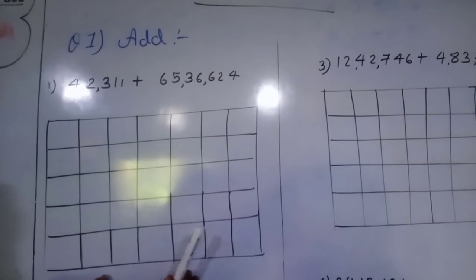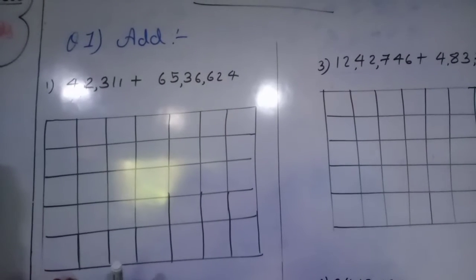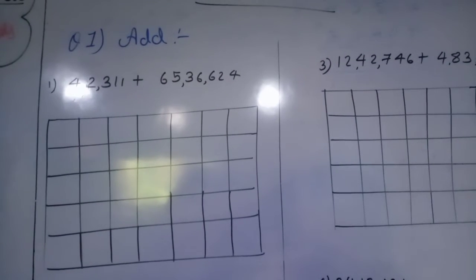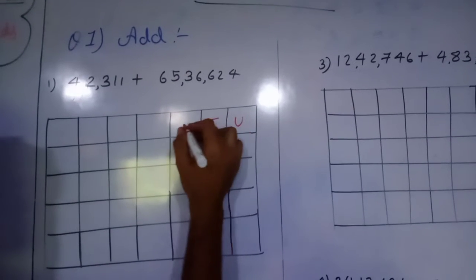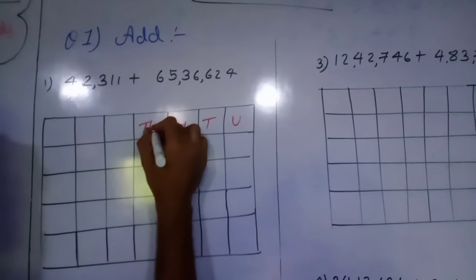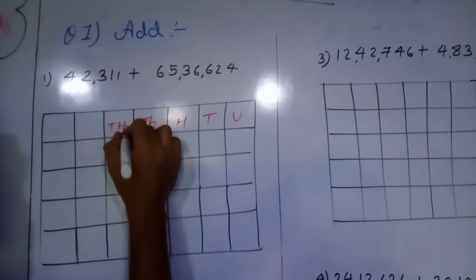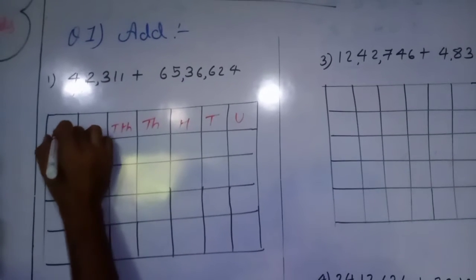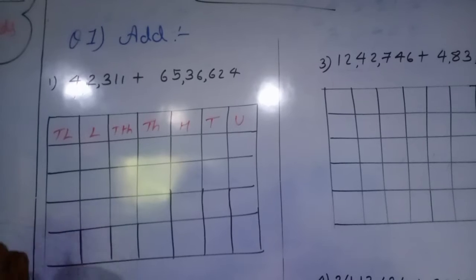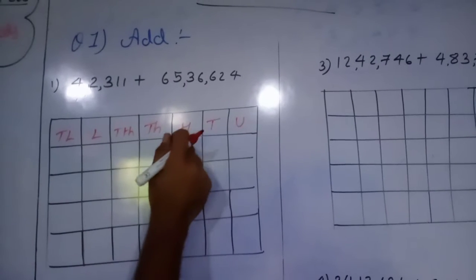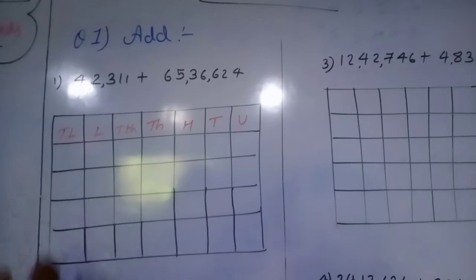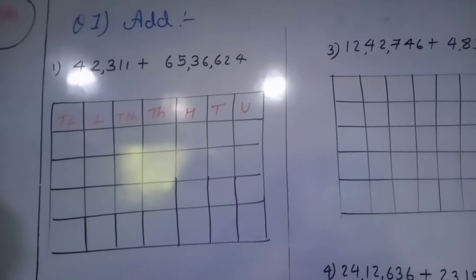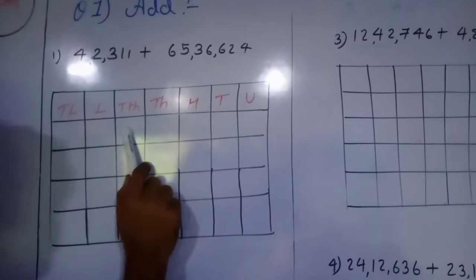This way we have to set up our base to solve this kind of sum. We start writing the places: unit, tens, 100, 1000, 10,000, lakh, 10 lakh. Yes, unit, tens, 100, 1000, 10,000, lakh, 10 lakhs. Now, after that, leave the second line.